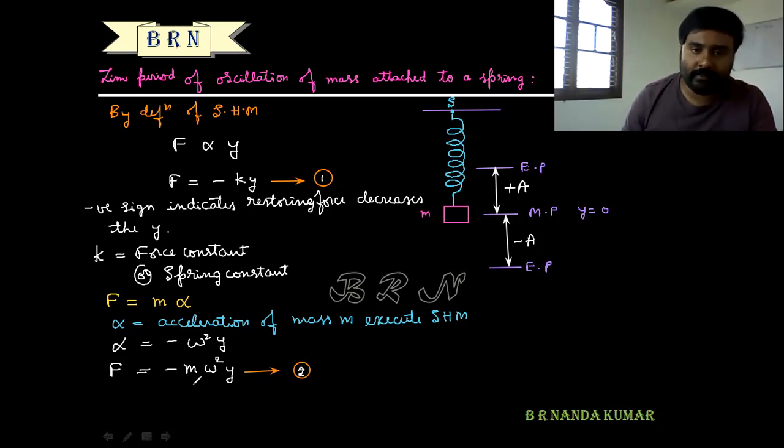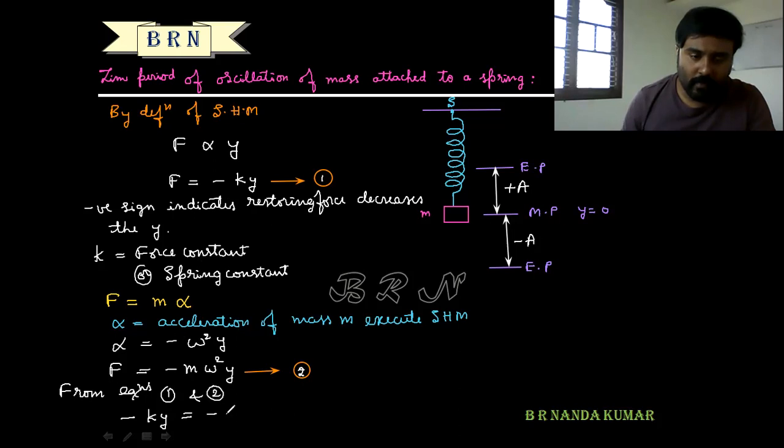Now compare these two equations, 1 and 2. From equations 1 and 2, we can conclude that minus ky is equal to minus m omega square y. Here the minus signs cancel, and y also cancels, right?